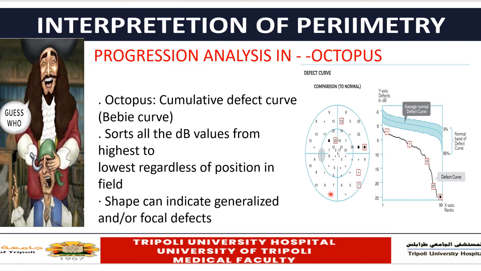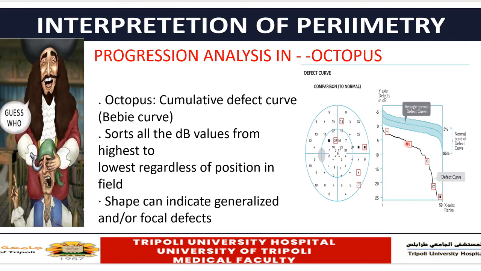So all the values are arranged regardless of their location. The smaller values are on the left and the larger values on the right side, and this is the appearance of the normative data, as you can see here, and the patient's data are plotted, and we see the relation between the normative data and the patient's data.